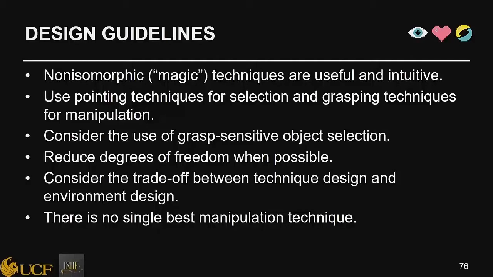It's a waste of degrees of freedom and only complicates things. In any of these cases, you're always considering trade-offs between the technique design and environment design. There's a challenge between the two. And finally, probably the biggest guideline I can give you is there is no single best manipulation technique.